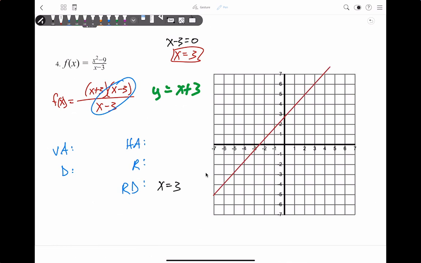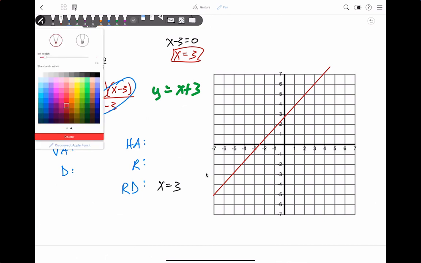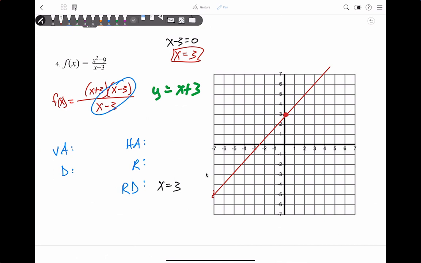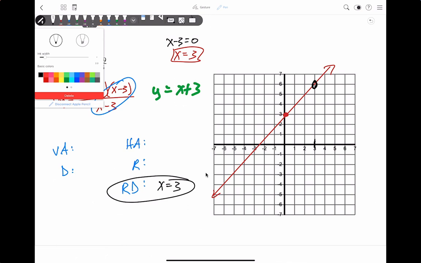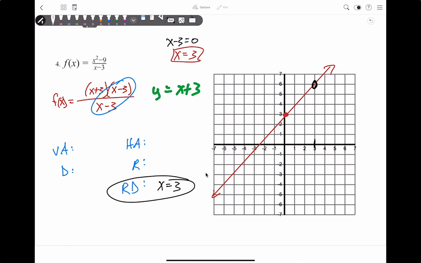It would be a line that went through 0, 3 and had a slope of 1, but the catch is that it has a hole at x equals 3. So way up here at x equals 3, there's actually going to be a hole in the graph, which we won't write anything at, just a small hole that shows that it's open.